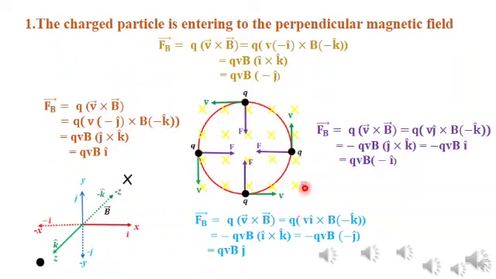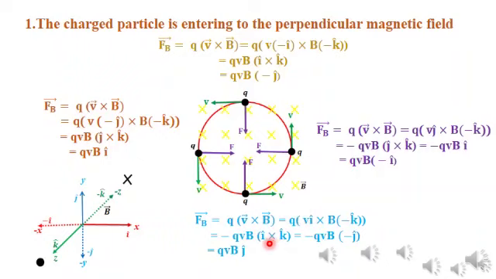Similarly, since the magnetic field acts into the plane of the paper, vector B can be replaced by B into minus k cap. After taking the minus sign and the magnitudes v and B outside the bracket, the expression of force is minus q v B into i cross k.